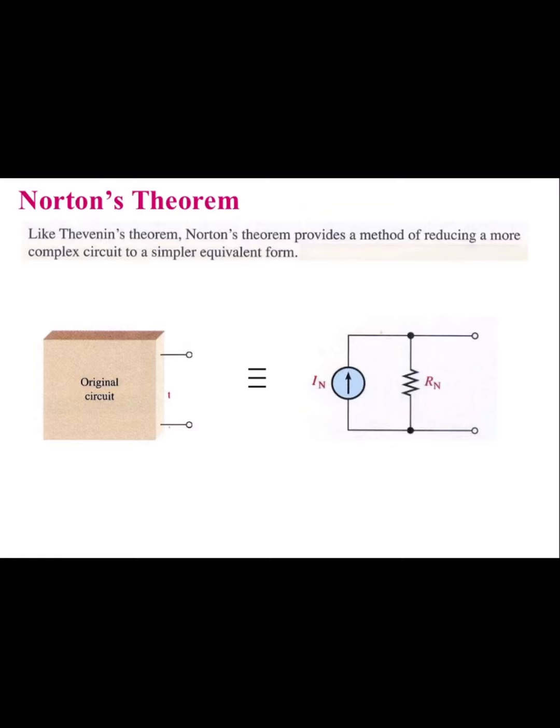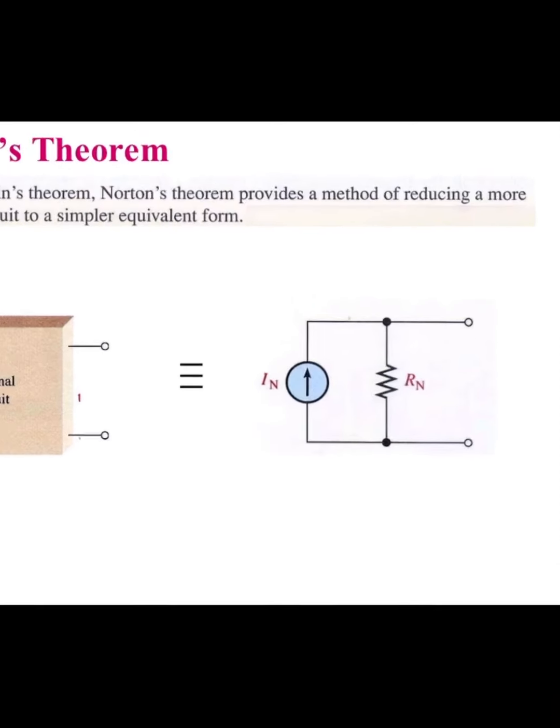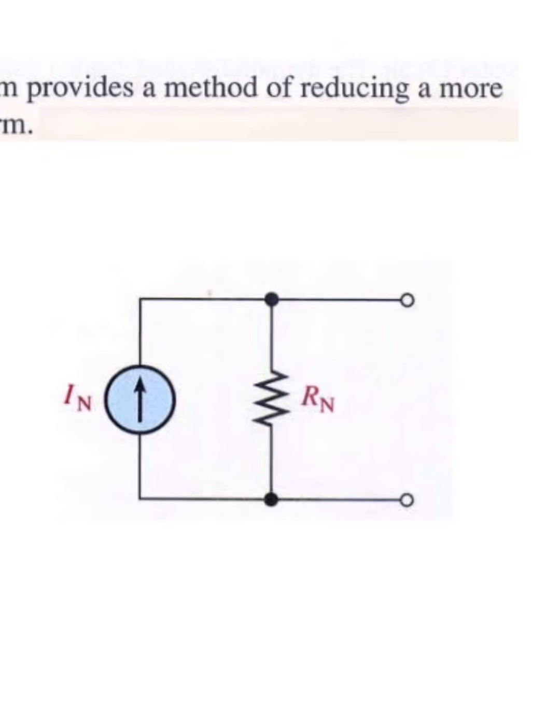As is clear from this diagram, this Norton equivalent circuit consists of a current source IN and a resistance Rn in parallel with the source, and the load terminals are open. Any resistance could be added here, and we can just calculate the amount of current or voltage drop across this load.